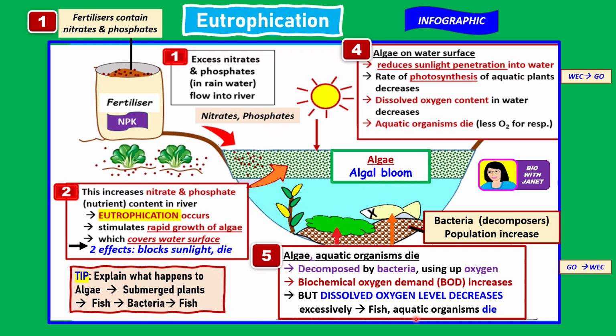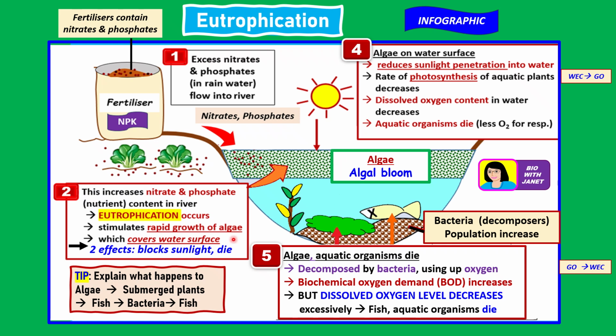They'll sort of suffocate in the river. They don't have enough oxygen. So aquatic organisms, like fishes, will die. So it will cause the river to become a dead river without living organisms, except for the algae growing on top and the bacteria at the bottom here.